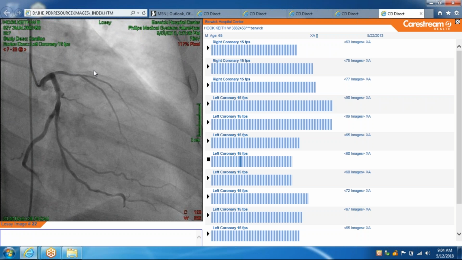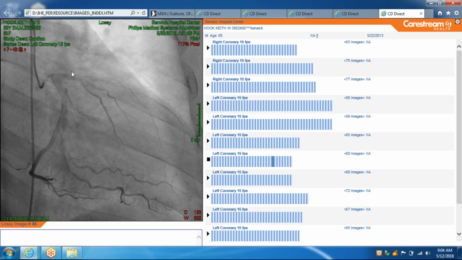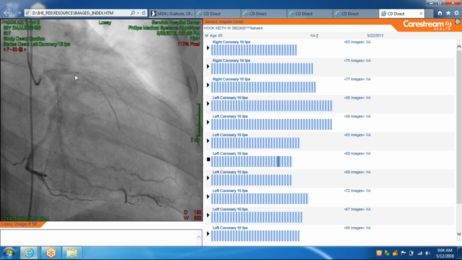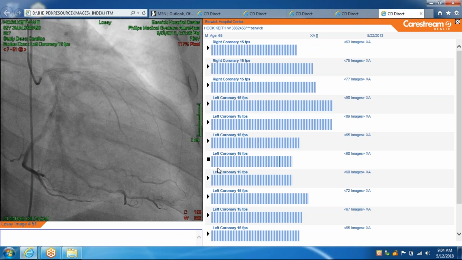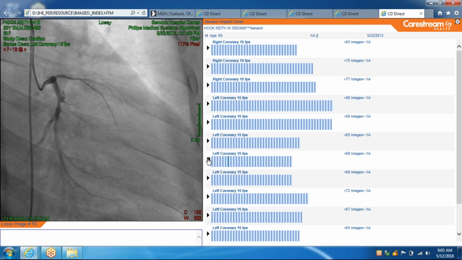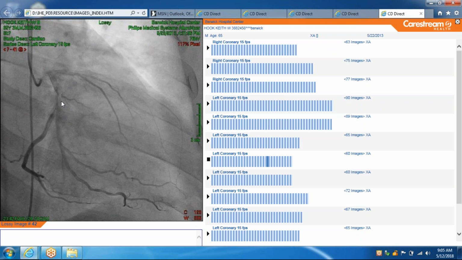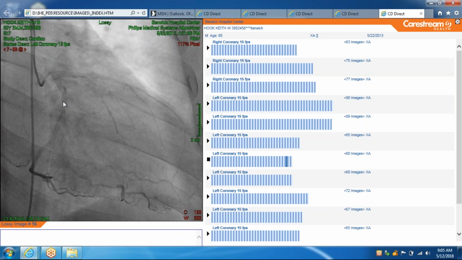The LAD is supposed to come right here. See? So it's a ghost of a vessel. These are the diagonal branches. By knowing the course of the vessel, you can determine what's going on. So it's a little something there in the mid circumflex.